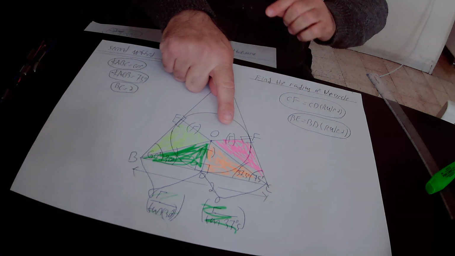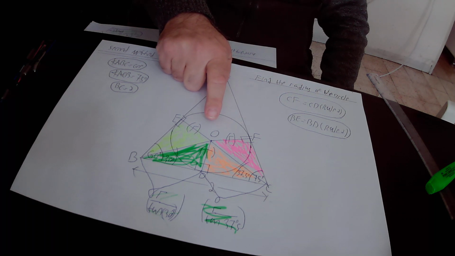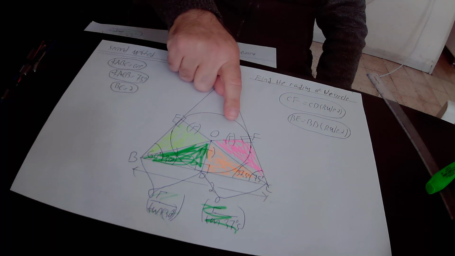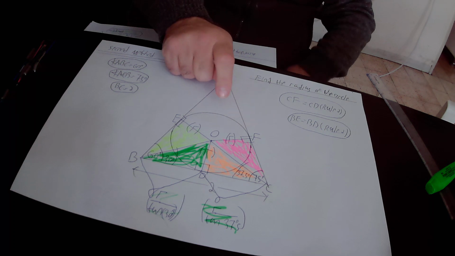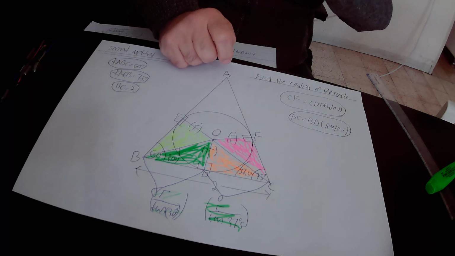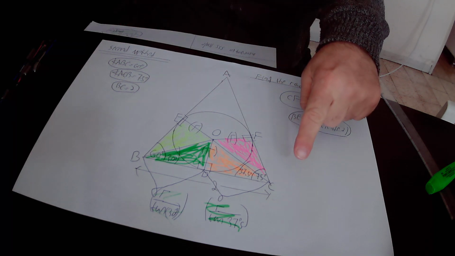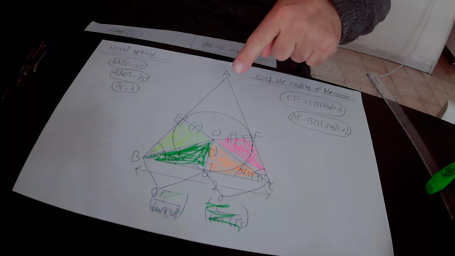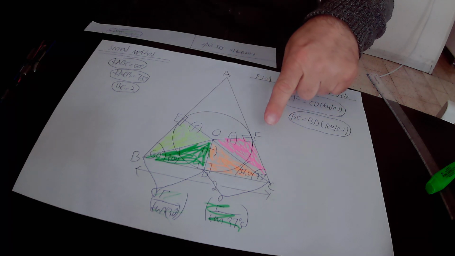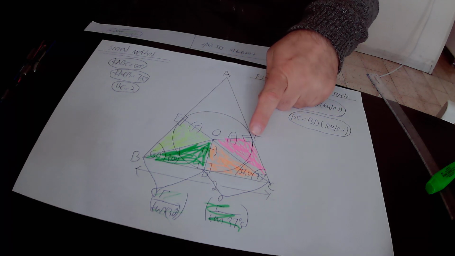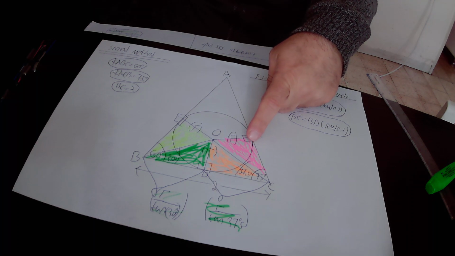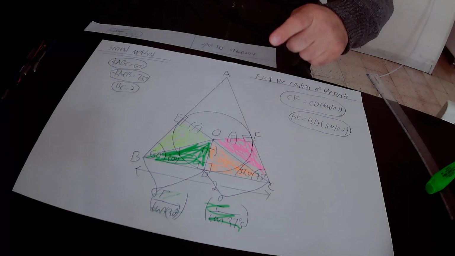OF is the radius of this circle that is equal to R. The radius OF is drawn to point F, the point of tangency of tangent AC with this circle. Whenever you have a radius that is drawn to the point of tangency, then tangent AC will be perpendicular to the radius FO. If AC is perpendicular to FO, it means that this angle equals 90 degrees, and this angle also equals 90 degrees according to the same rule number 1.